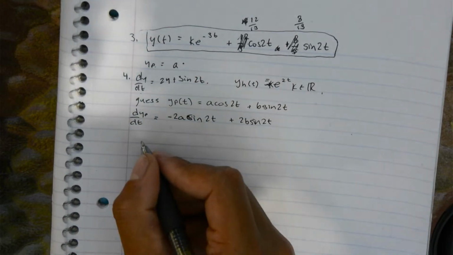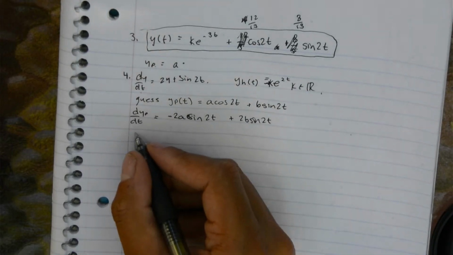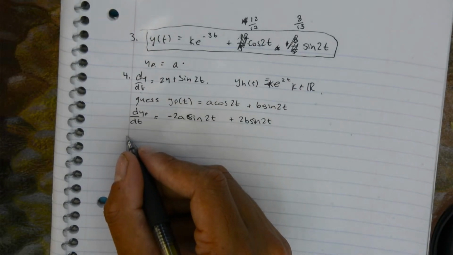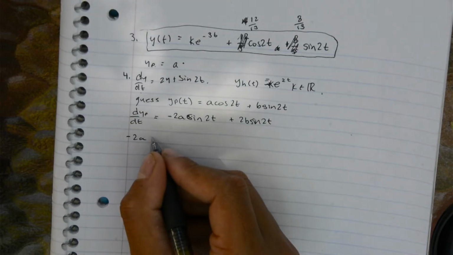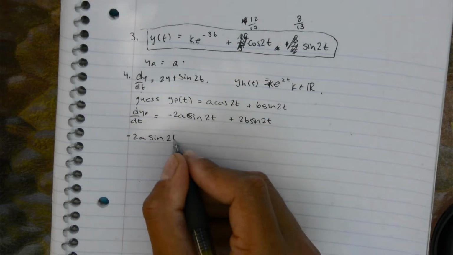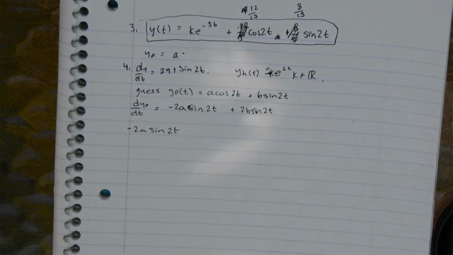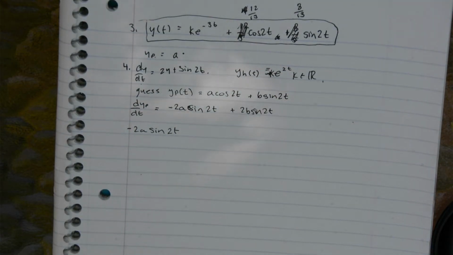So then we're going to get minus 2a sine 2t. Yeah, you need complex numbers to solve that. I think it's, what is it, i? Yeah, it's i, yeah.